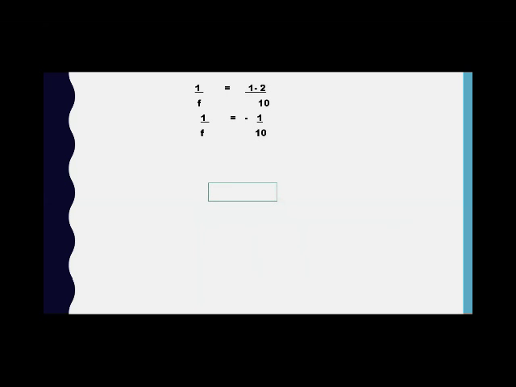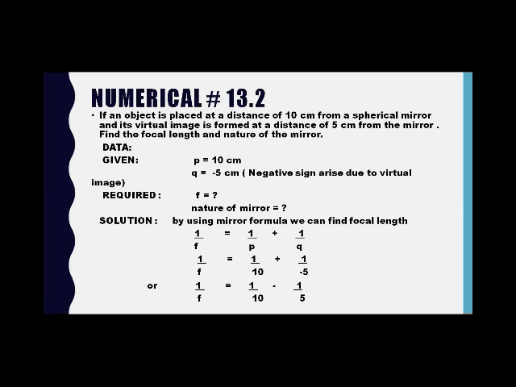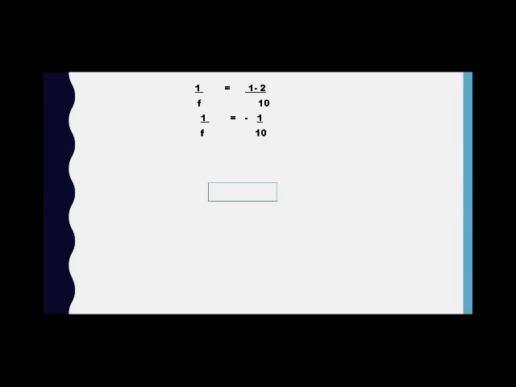First of all, we will take the LCM of the fractions. We have to take the LCM of 10 and 5, so the LCM will become 10. Now we will check the fractions.